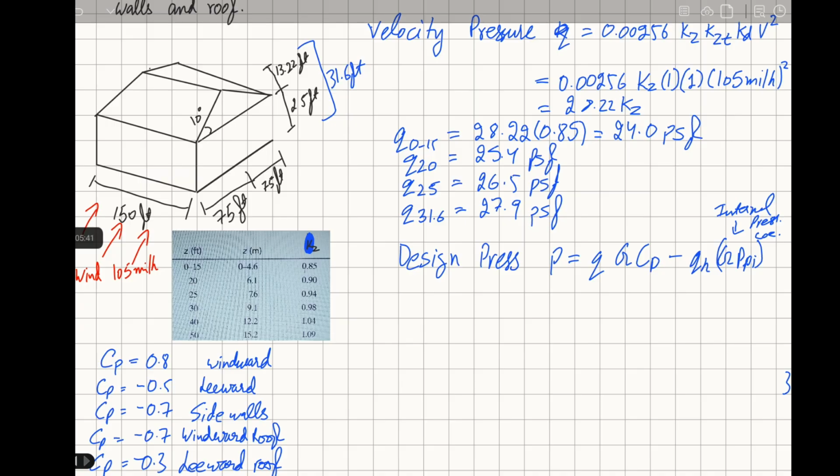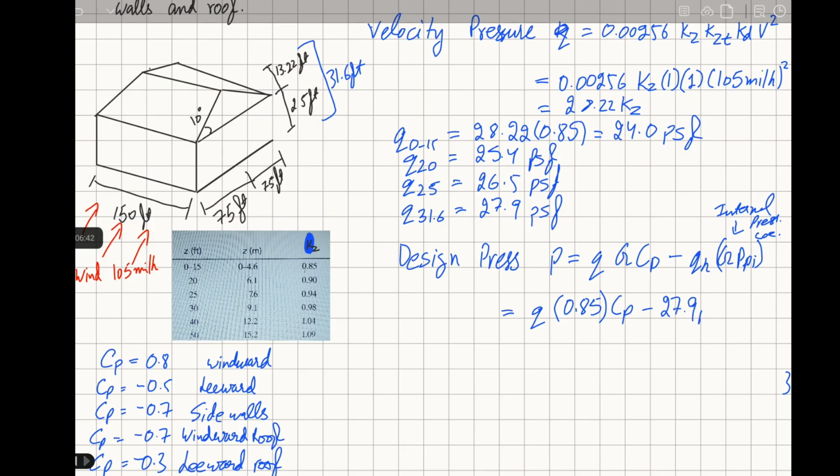And now let's try to simplify this equation so that it's less cumbersome. We do know that our velocity pressure will be different, so we can't change it, but we do know that our gust effect factor will be the same every time, and it'll be 0.85. And we also know that our external pressure coefficients will be different for different heights and different sides of the building, so we're going to keep them as they are. But we do know that our velocity pressure for the other sides of the building will always be the same because our height's not going to change, and we already calculated it.